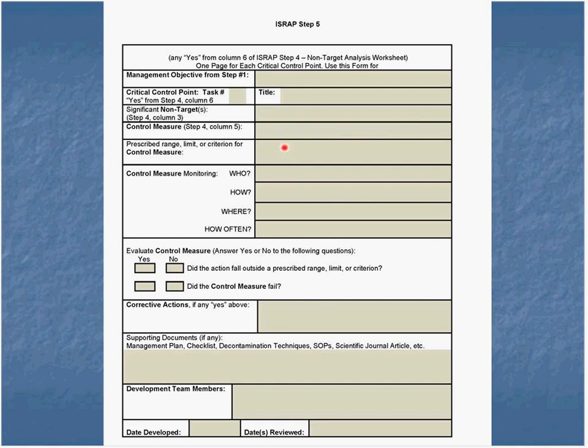That could also be a concentration of a chemical that you're using to decontaminate, or if you're using hot water, it would be that it needed to be over a certain temperature. And you put in a time limit. So if it takes 24 hours of freezing to kill something, you would put 24 hours at 32 degrees Fahrenheit.